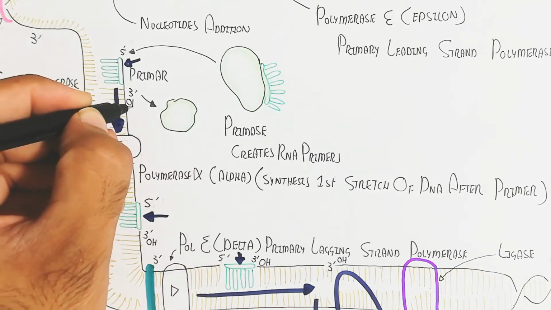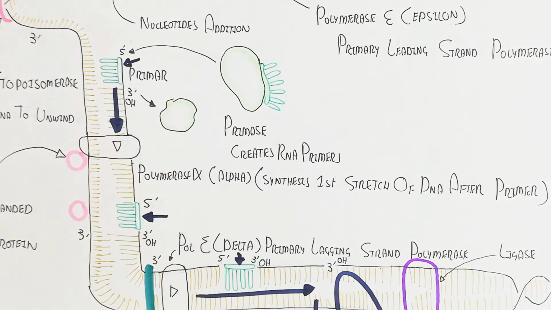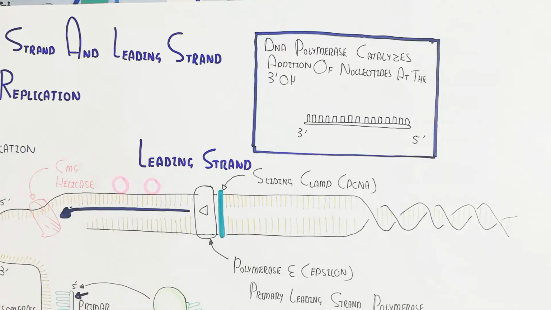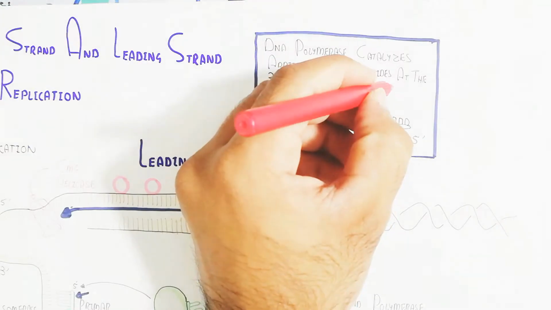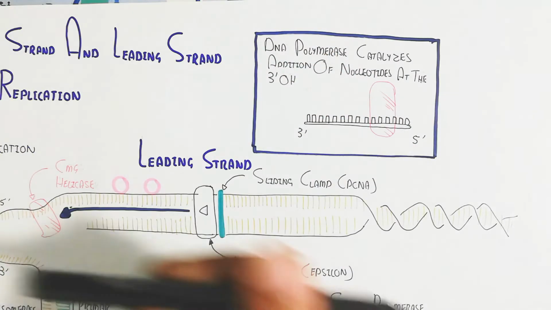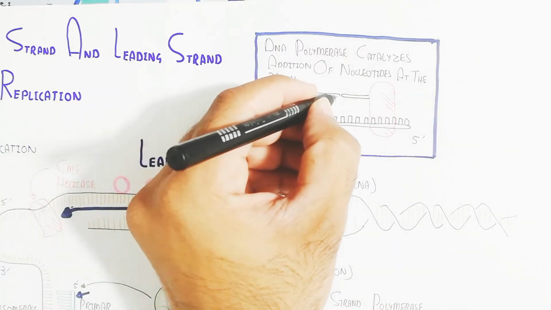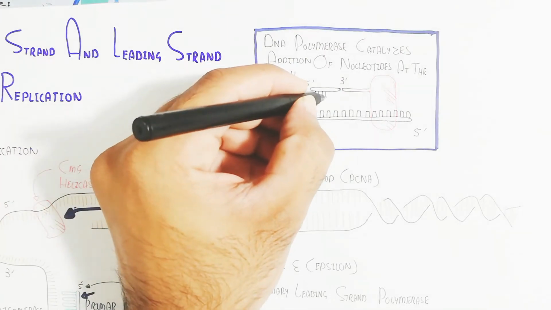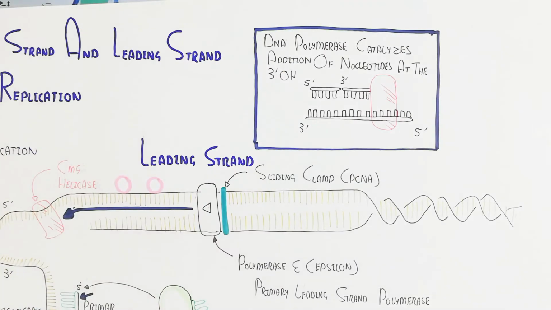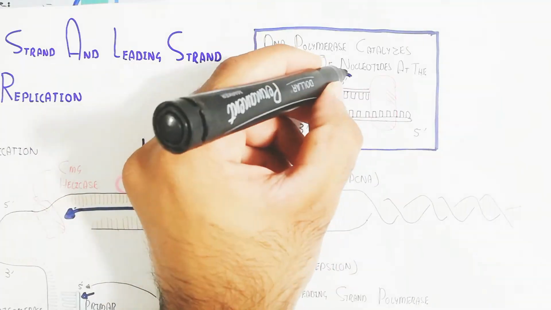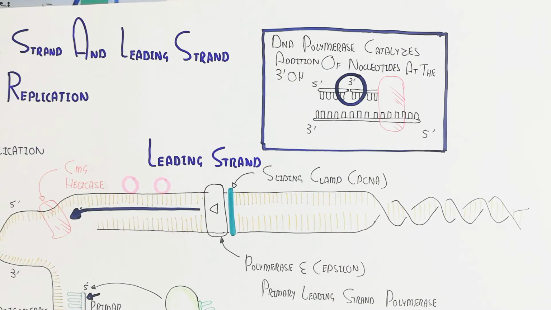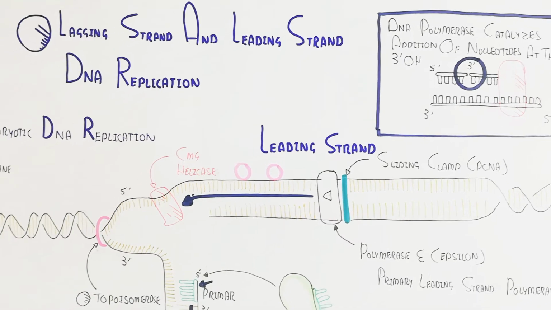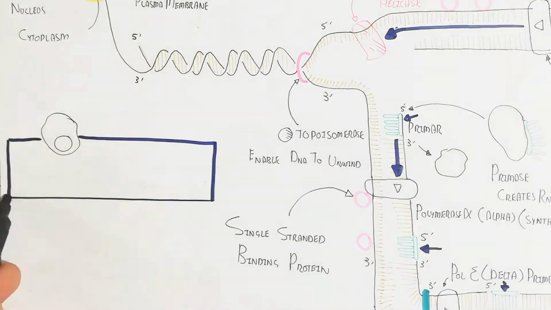So remember, the hydroxyl group is important for the synthesis of further nucleotides. DNA polymerase catalyzes the addition of nucleotides at the 3' hydroxyl site, and providing the primer is very important for the binding site. The primer is very important for the synthesis of DNA.